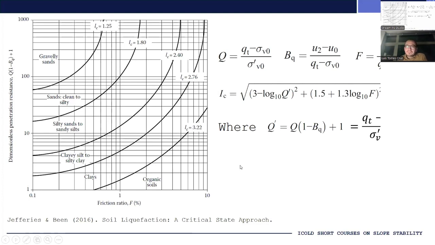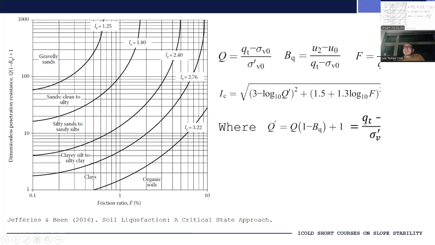And I should point out that Q prime is often expressed as we see here in this equation. If you do the arithmetic with this expression, this is what you're going to arrive at.